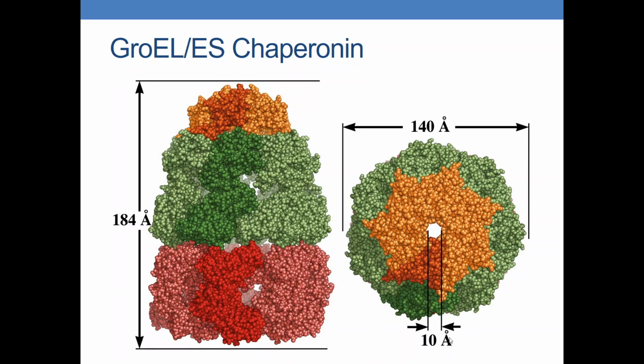Usually these are going to be bigger than 10 angstroms. So this 10 angstrom hole here is not big enough to allow those protein folding intermediates or misfolded proteins to diffuse in or out. So the GroES ring that is shown in orange here is a cap to regulate entry and exit from the chamber that it is capping.